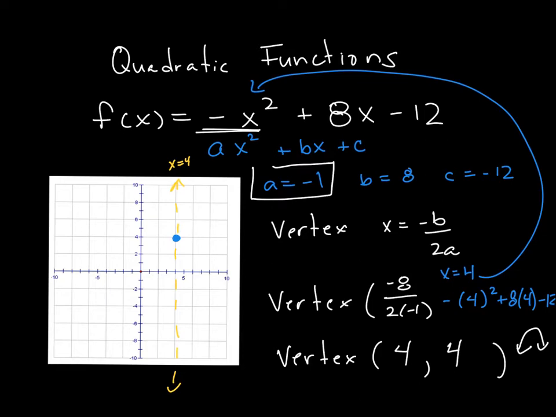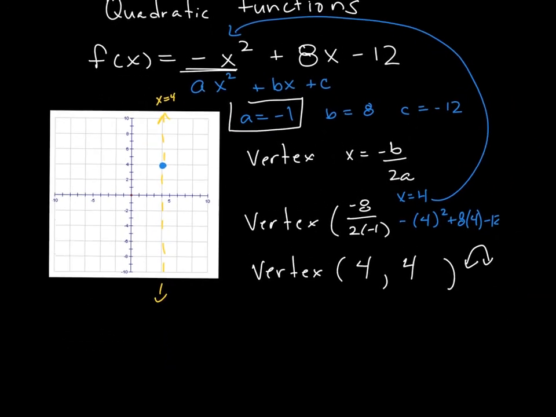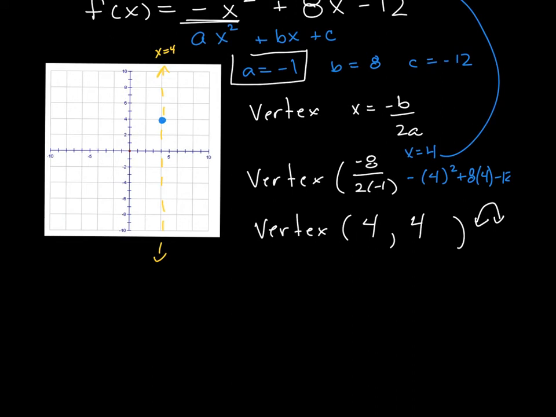The next thing I'm going to look for here are my x-intercepts and my y-intercepts. So to find your x-intercepts with this question, you just take your original function and set it equal to 0. So that gives us -x squared plus 8x minus 12 is equal to 0.